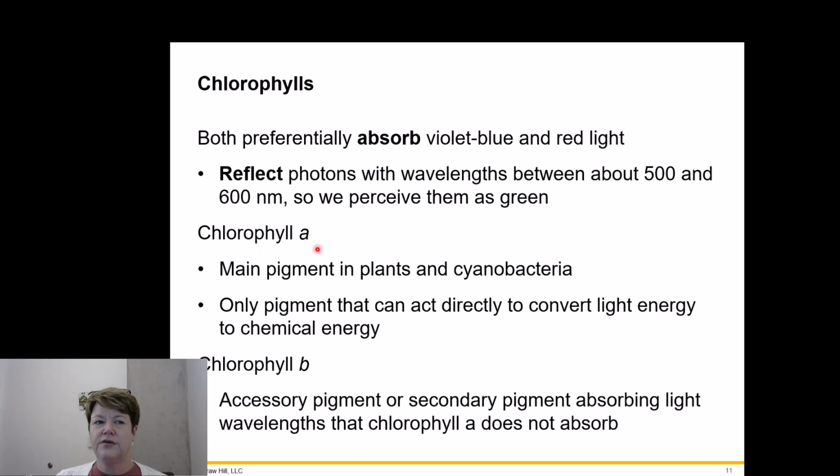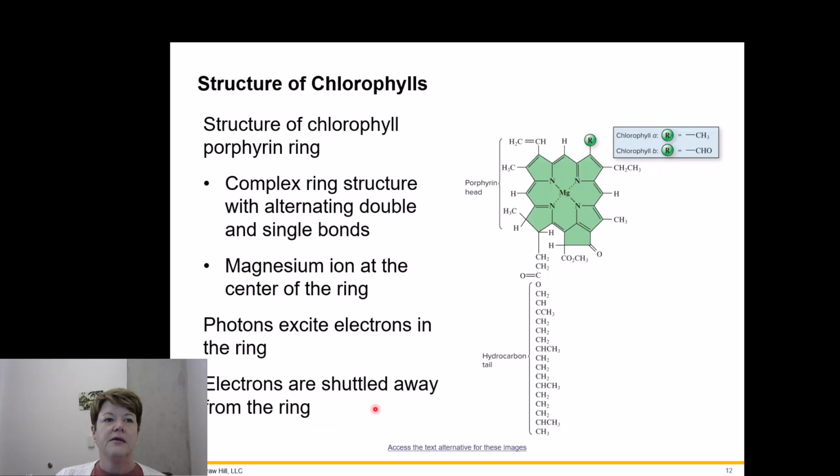And you do not need to know the two types of chlorophylls in any detail, but just as a side note, chlorophyll A is one of your main chlorophylls. And chlorophyll B is considered an accessory or secondary pigment, and it picks up some additional wavelengths that chlorophyll A doesn't pick up. The structure of both chlorophylls is very similar.